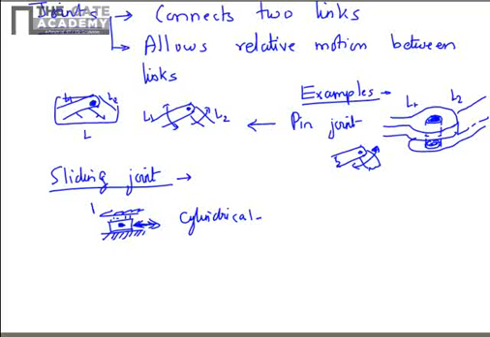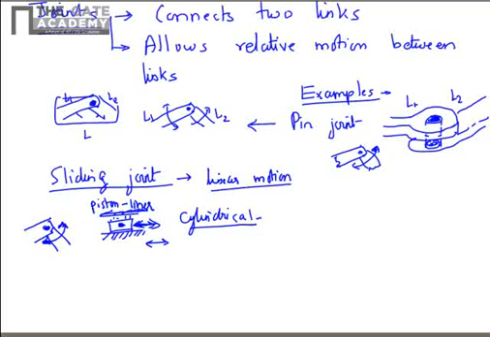Now if you compare the piston liner joint to a pin joint, both have a cylindrical surface in contact. However, in a pin joint, the relative motion between two links is of angular nature, while in a piston liner arrangement it is linear. So if you have linear motion, then the joint is named a sliding joint.